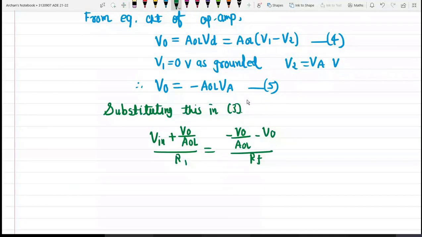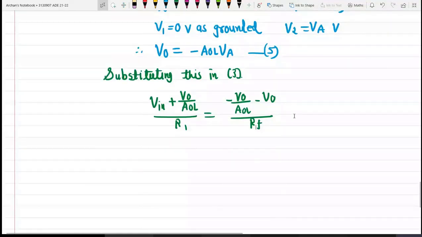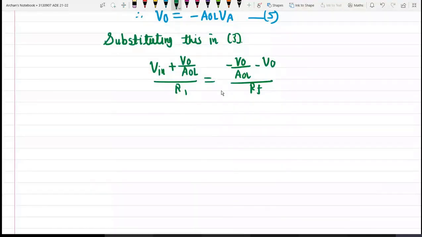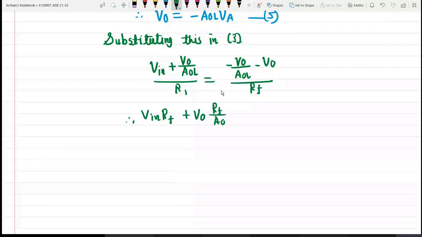Now just simplify the terms and try to find the ratio V0 by V in. Simplifying, this becomes V in RF plus V0 RF by AOL is equal to minus R1 by AOL times V0 minus R1 V0.